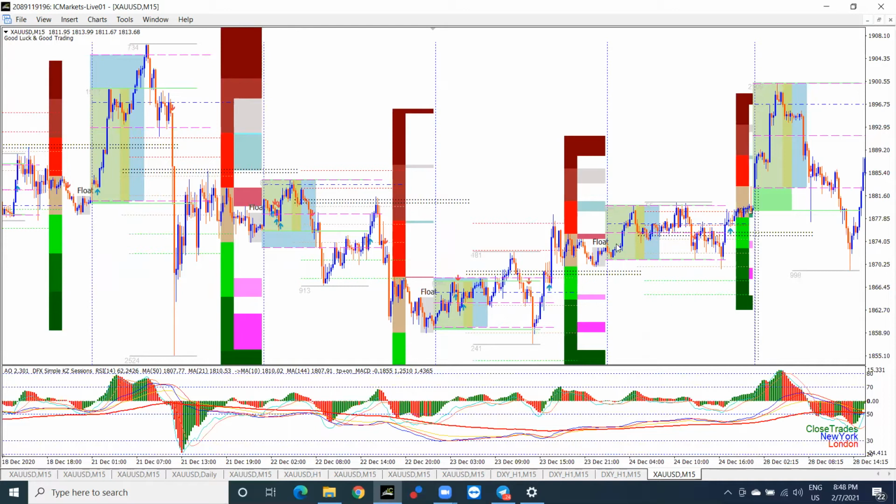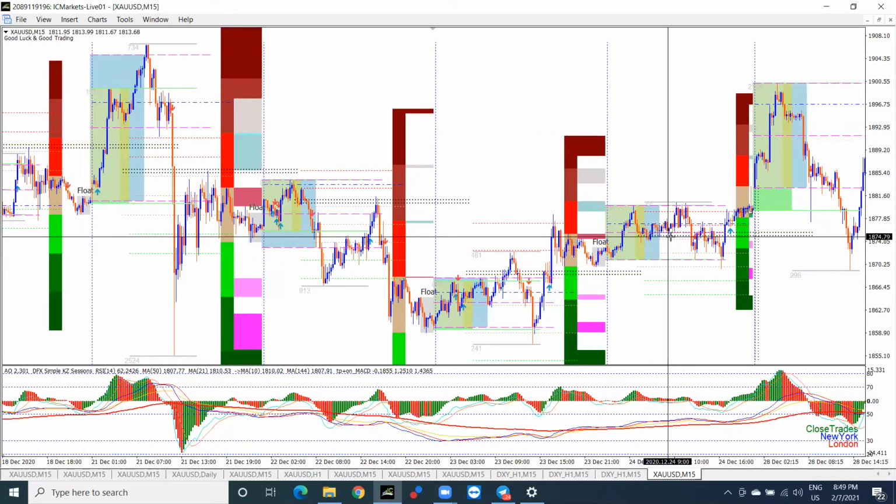The price is above the buy lines, red ones, and the midnight New York opening candle is above the buy lines.